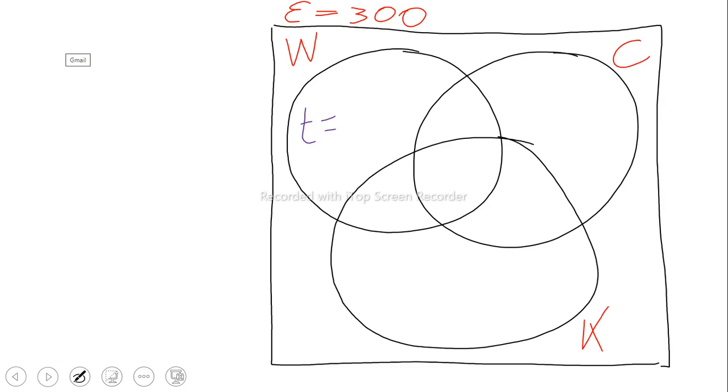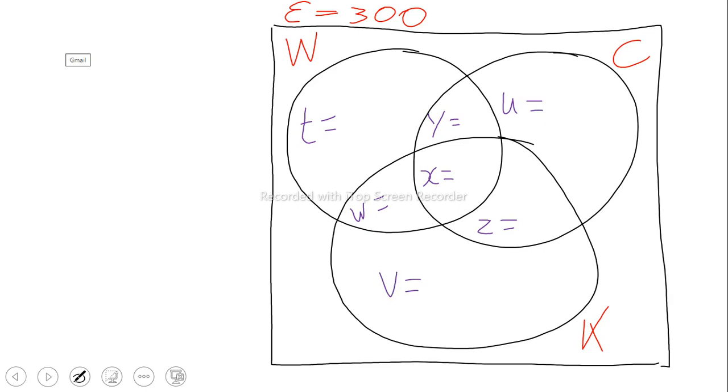We're going to use the variable Y to represent the intersection between W and C. We're going to use X for the intersection of all three. We're going to use small w for that intersection. We're going to use Z for this one, U for that one, and V for this one. Okay? So each one of them we have defined.